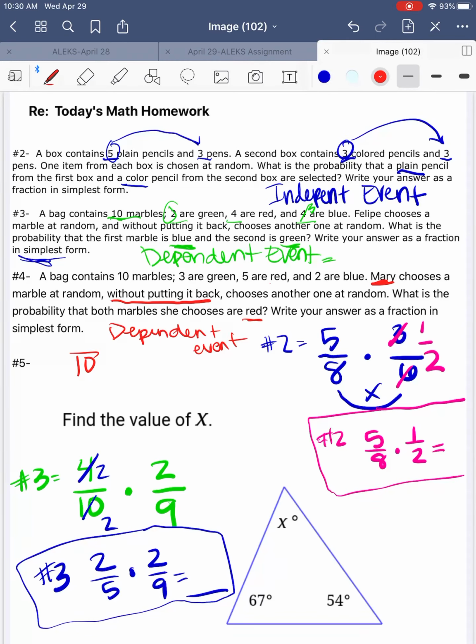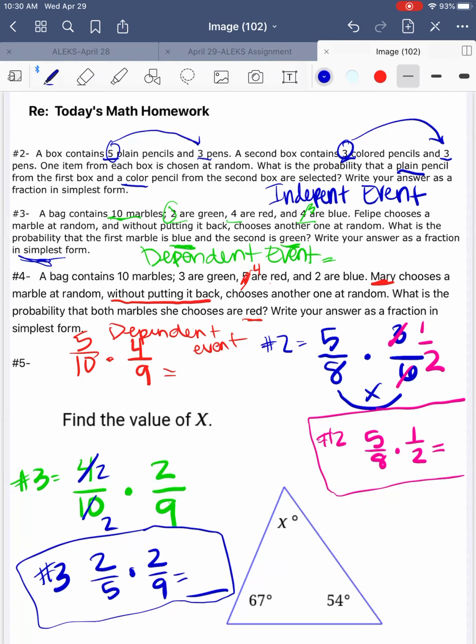There's 5 red the first time, but the second time, if she already pulled out one of the reds, then there would be 4 red left, and now there's 9 marbles left.